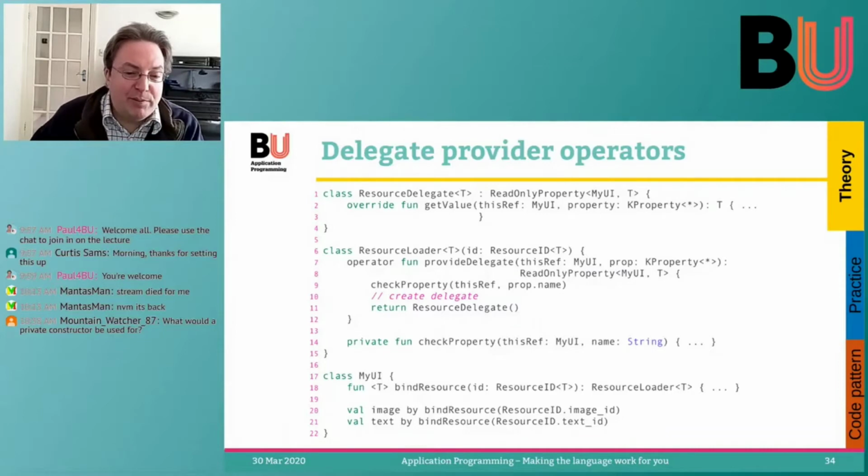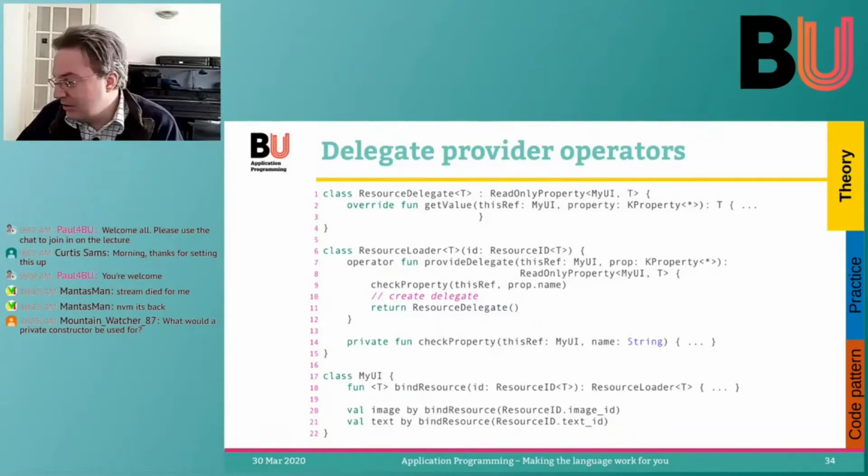So the checkProperty can check that the image name exists at that particular point in time. The alternative would be that we would have to pass the name as part of this.